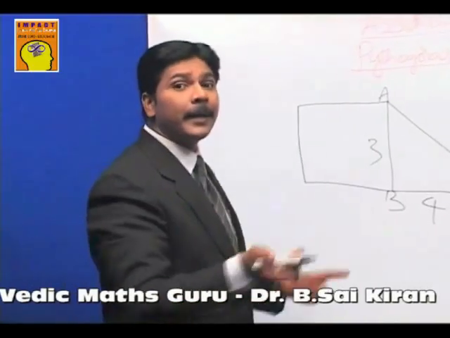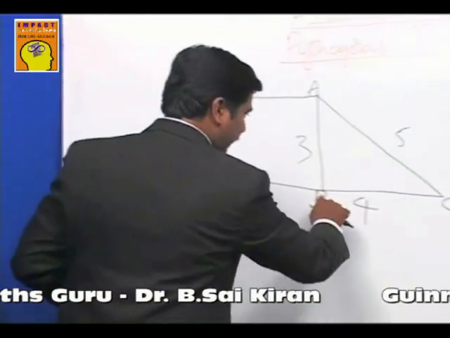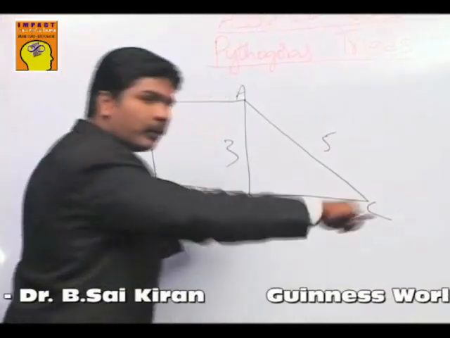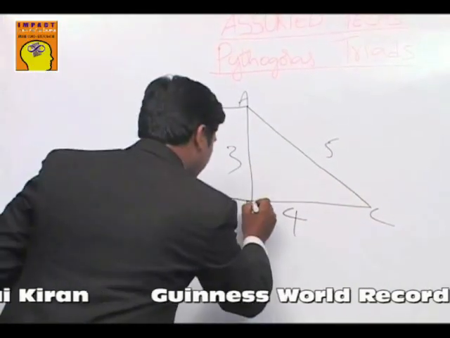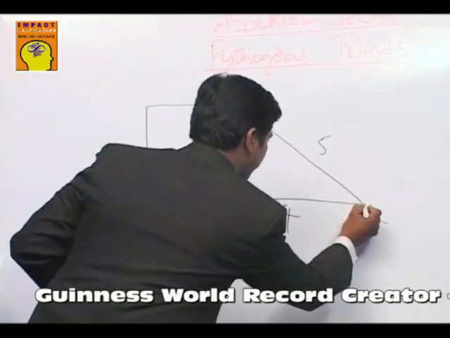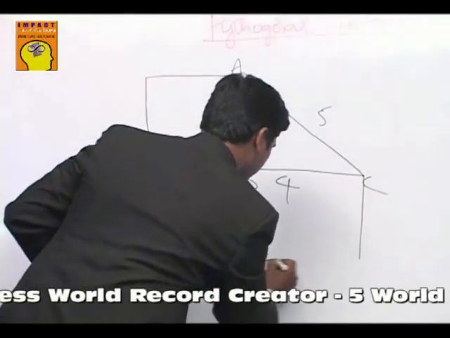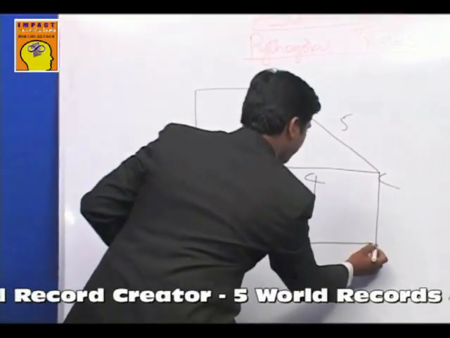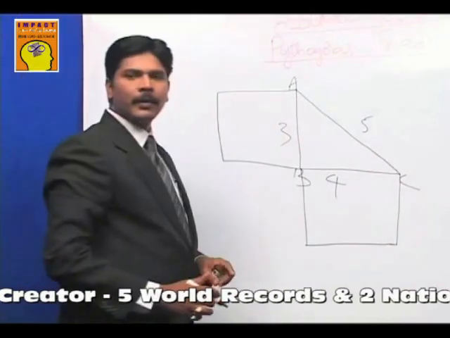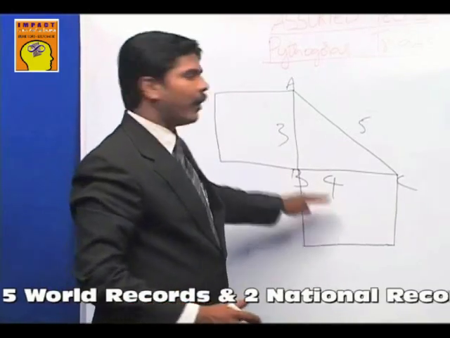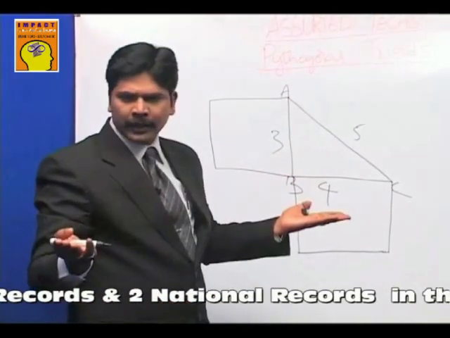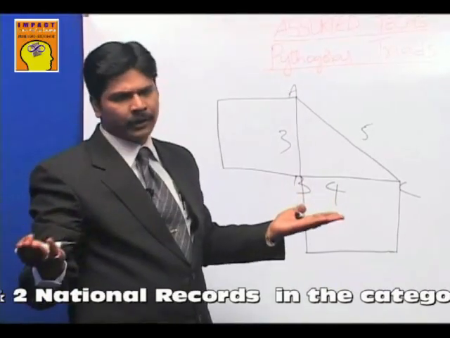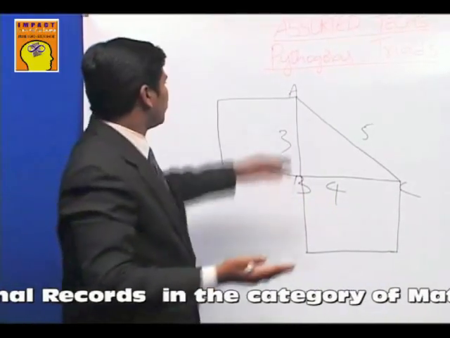Plus BC square, again square BC. Again there is a line segment, B and C, one more line. Now square this again, forming a perfect square. Now AB square plus BC square. If you can draw it on a cardboard piece, it doesn't matter, you can do it on cardboard.